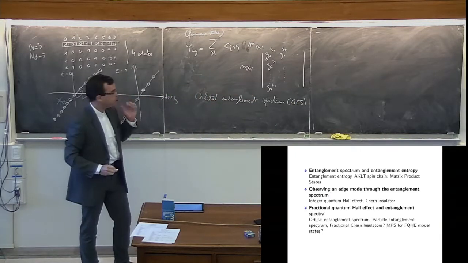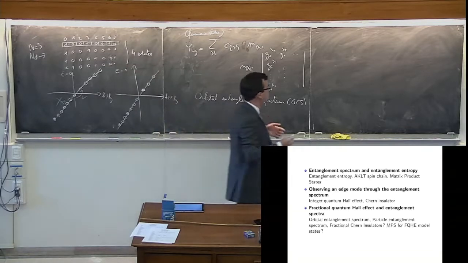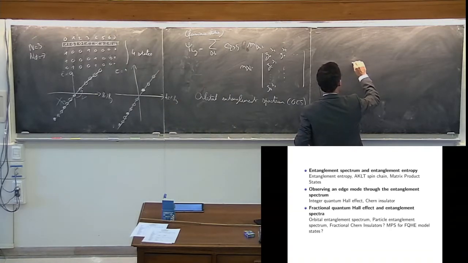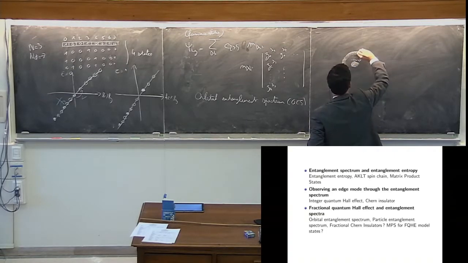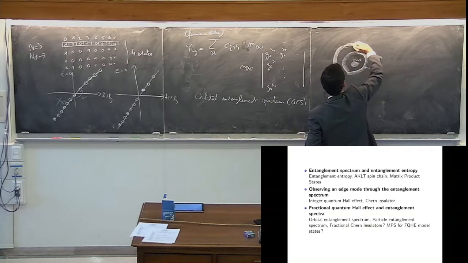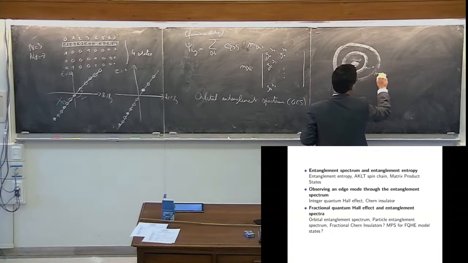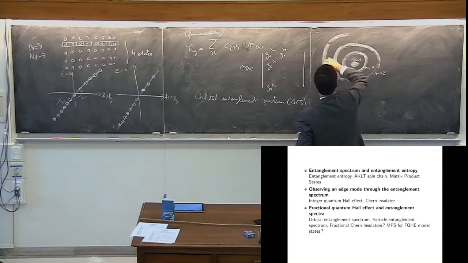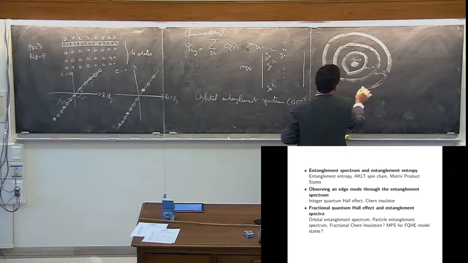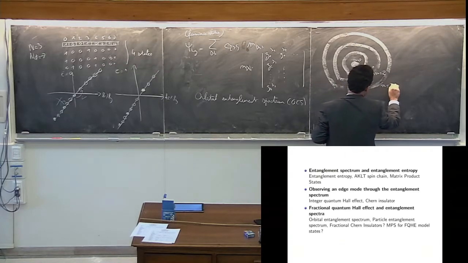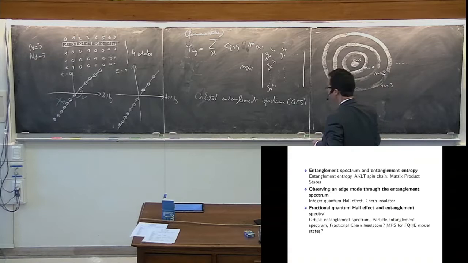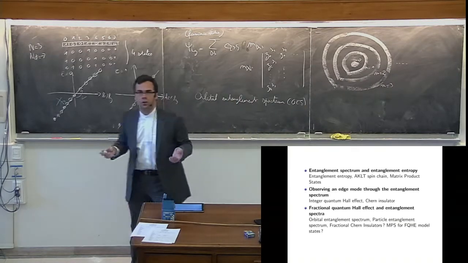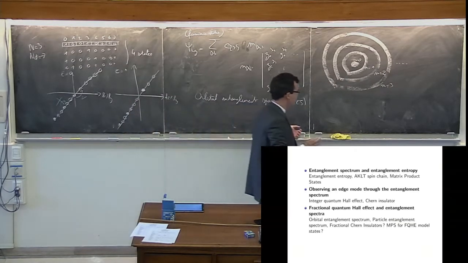The idea is the following. Remember, when you use the symmetric gauge, your orbitals look like that. You have m equal to 0, m equal to 1, m equal to 2, m equal to 3, and so on. So now let's say you want to cut your system into 2 in real space.